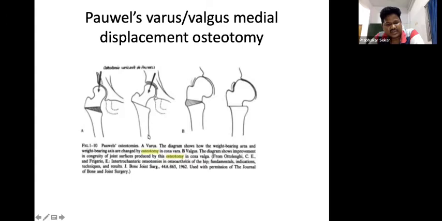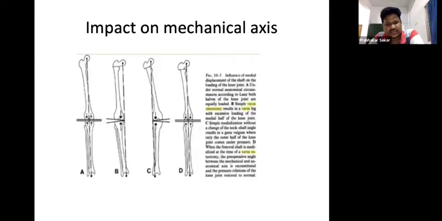So here also you keep the distal fragment in line with the proximal fragment, thereby shifting the weight bearing axis medially. By doing that osteotomy and shifting it medially, you can achieve the normal weight bearing axis.